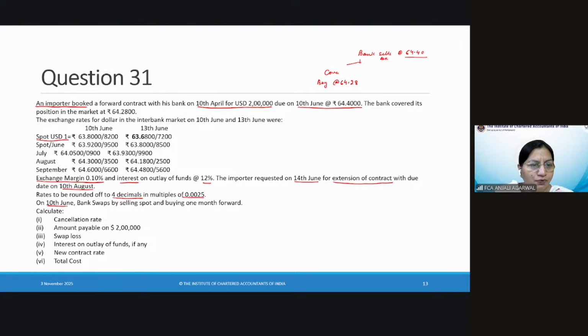On 10th June, bank swaps by selling spot and buying 1 month forward. Calculate the cancellation rate, amount payable on $200,000, swap loss, interest on outlay of funds, new contract rate, and total cost. So the question is to be done in 6 parts.